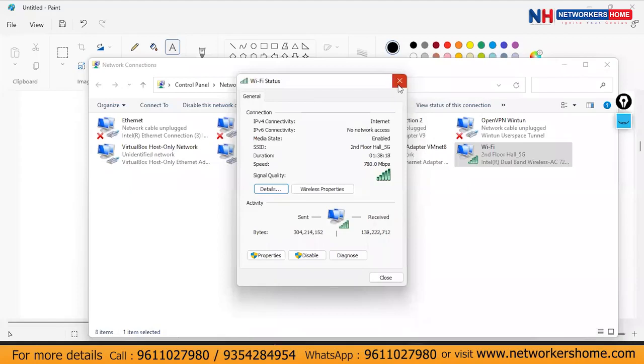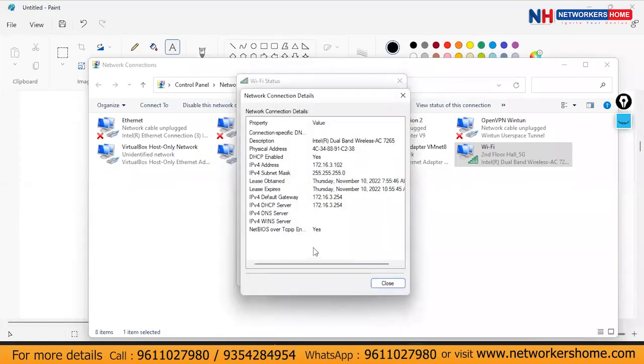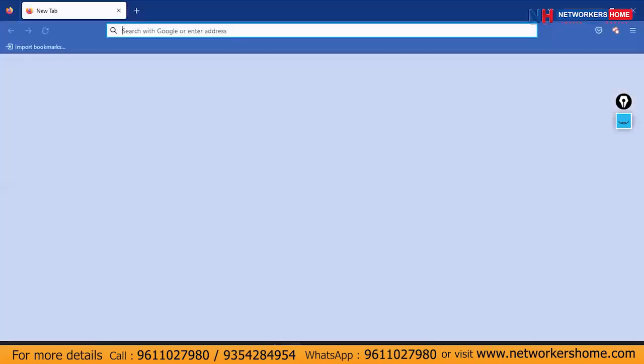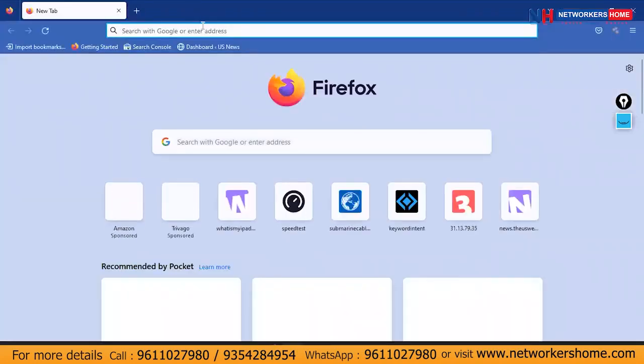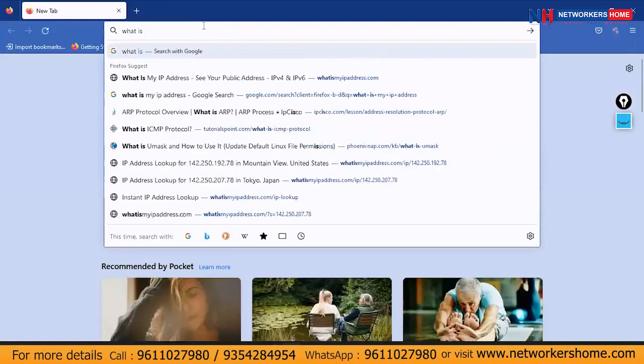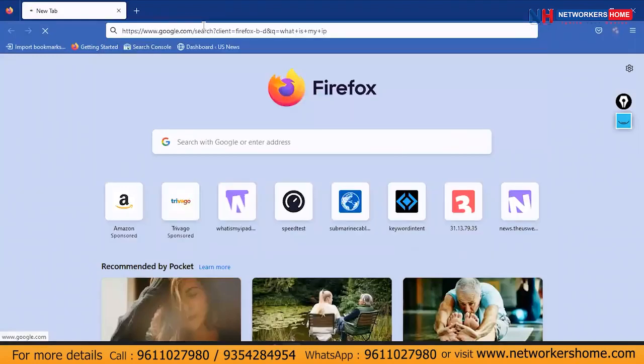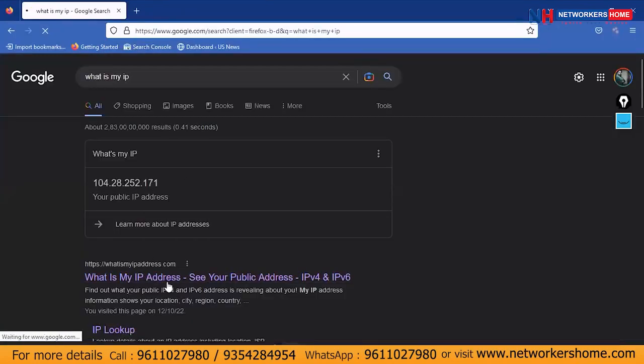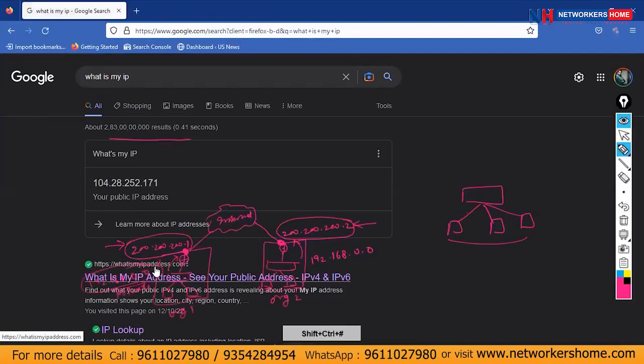Now, if I check my address on the internet, for going on the internet, what IP address am I using? So I can just go and say, what is my IP? This is my IP on the internet. Is it similar to my private IP, 172.16.3.102? No, right?